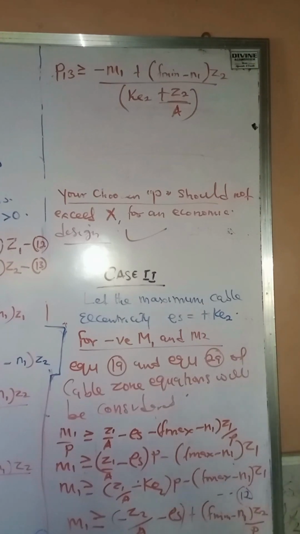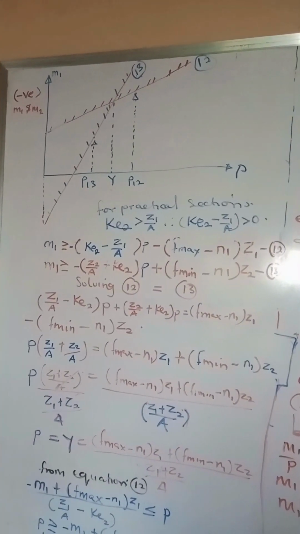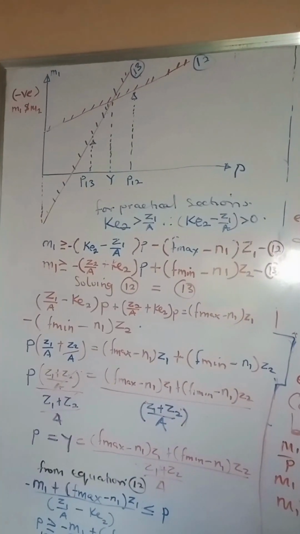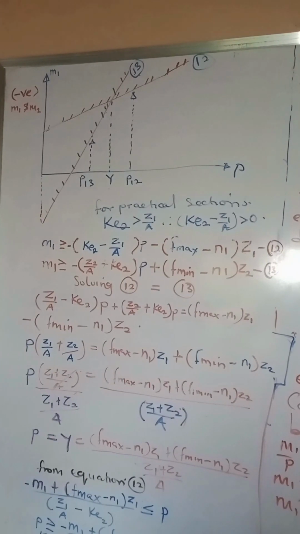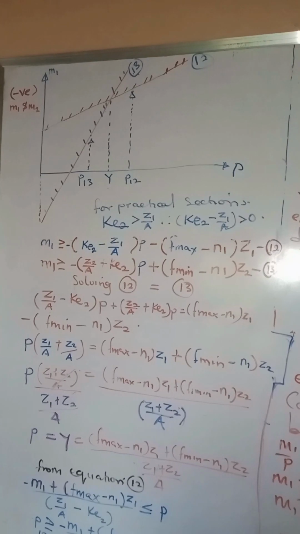So equation 13 marks the lower limit of pre-stressing force for cover required. From the graph, we can see the zone occupied by equation 13. So equation 13 should be our standard. Do not choose pre-stress force above Y.